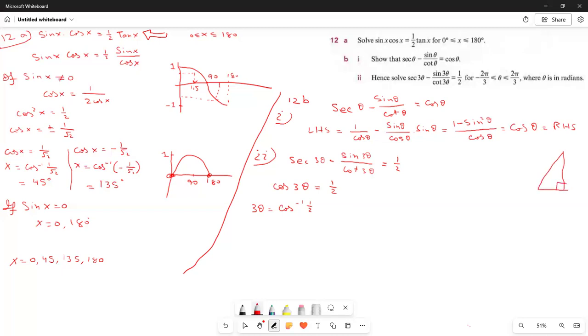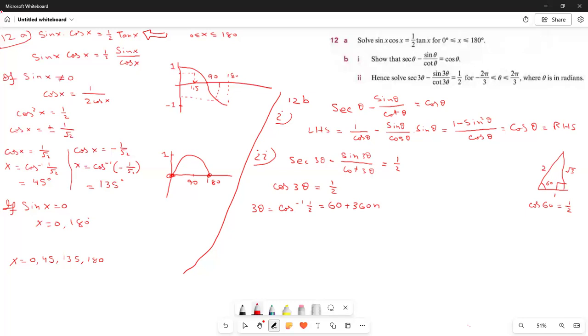If this is a right angle and this angle is 60 degrees, and the sides are 1, 2, and root 3, then cosine of 60 degrees is equal to 1 by 2. So cos inverse 1 by 2 has to be 60 degrees, but 60 plus 360n, if I include all the angles.